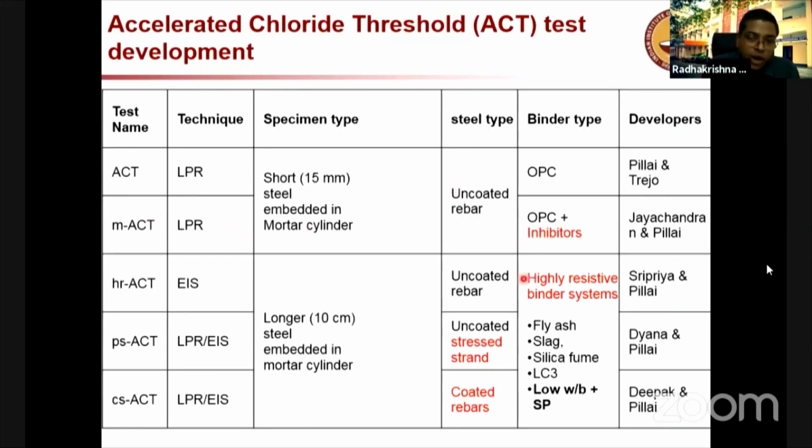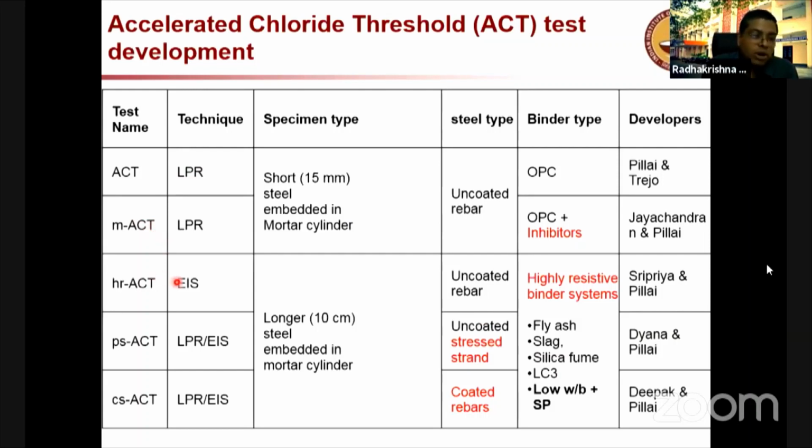And later on we found that nowadays all the concretes we talk about are highly resistive systems, with fly ash, slag, silica fume, LC3 and low water-binder ratio with superplasticizers. These combinations make it very highly resistive, and in such cases these first two test methods were not really functioning.